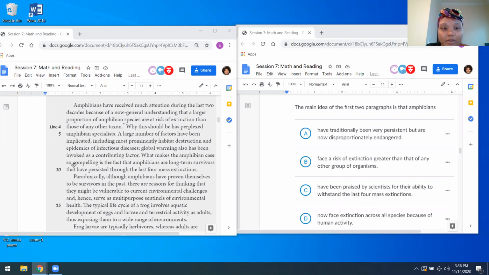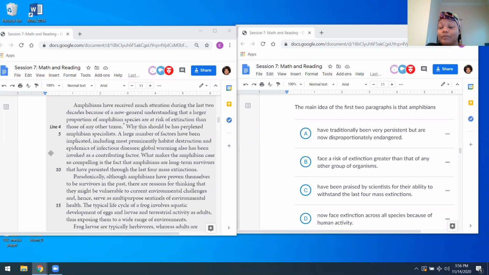And taxon is described below. But the main purpose of this first paragraph is establishing, well, one thing too, especially if you're running out of time, or once you read the passage and then answer the questions and then go back to the passage to answer them.